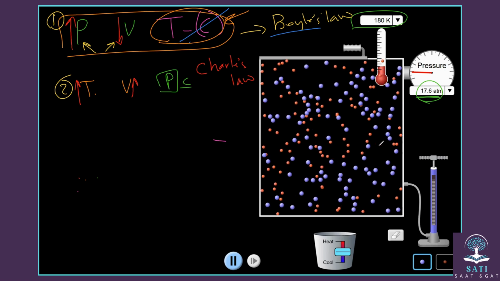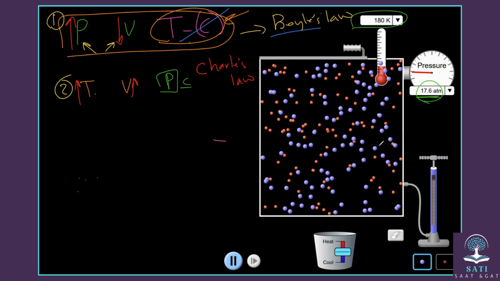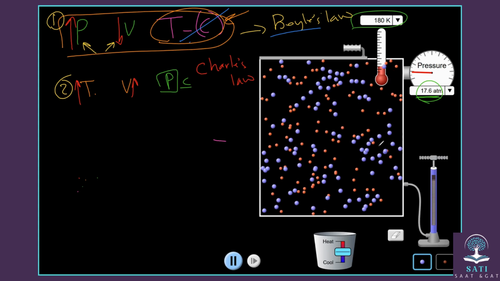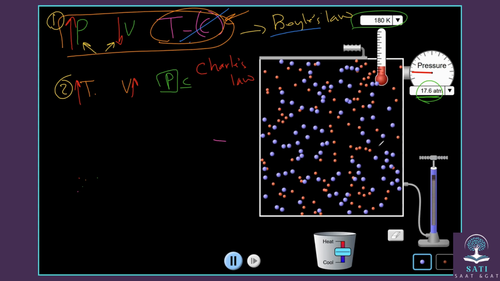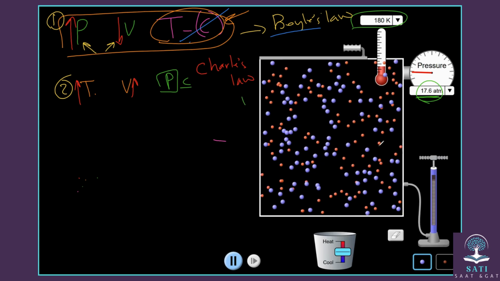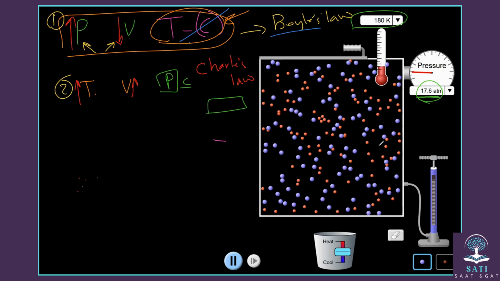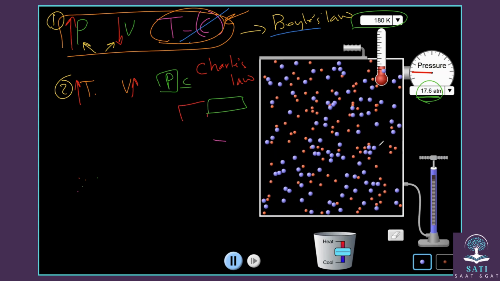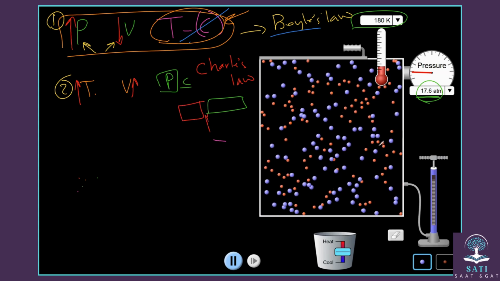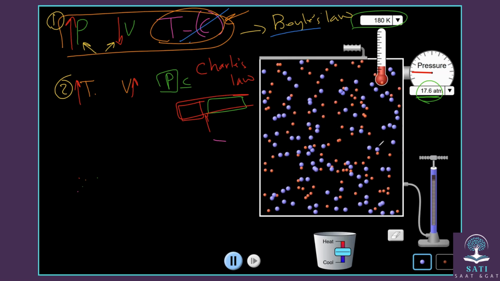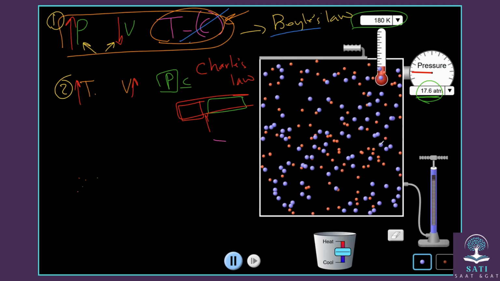Remember the bridges for cars. Usually when we build a bridge for cars, we put a space between its parts. And this space allows the expansion of these parts.